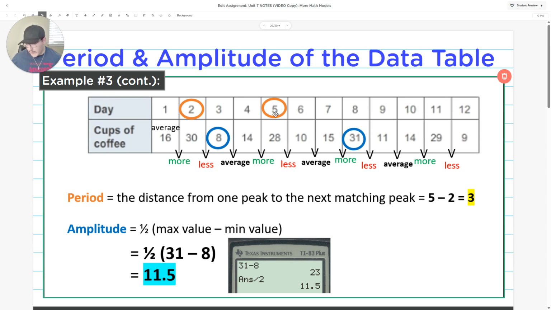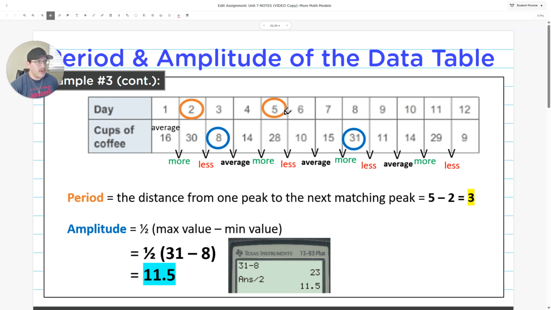So remember the periodic measurement is through the x values. So I'm going to use those x values, 5 minus 2, subtract them, and I'll get my period of 3. Meaning, according to this problem, after 3 days, the pattern will start to repeat itself.